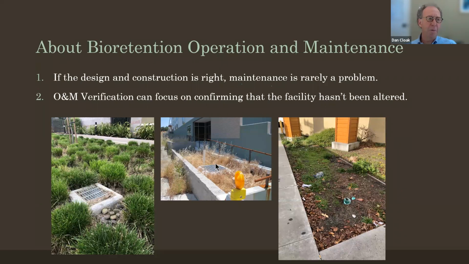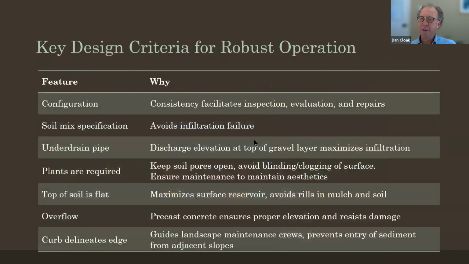The main thing is to make sure nobody did anything to them. Nobody filled up the reservoir with mulch. Nobody decided, oh, well, we need that space, we're going to cover it over, or we're going to park on top of it, or anything like that. So that's the main focus.